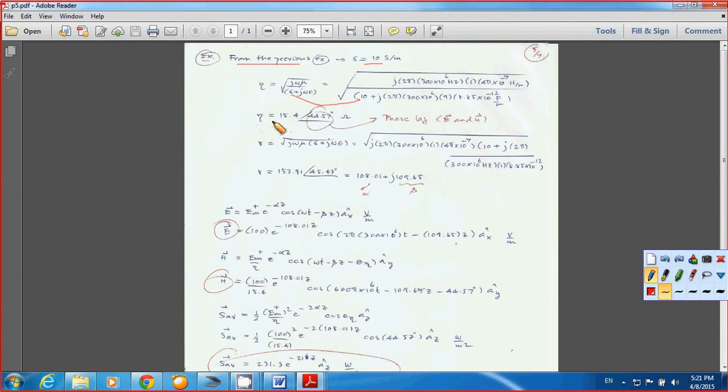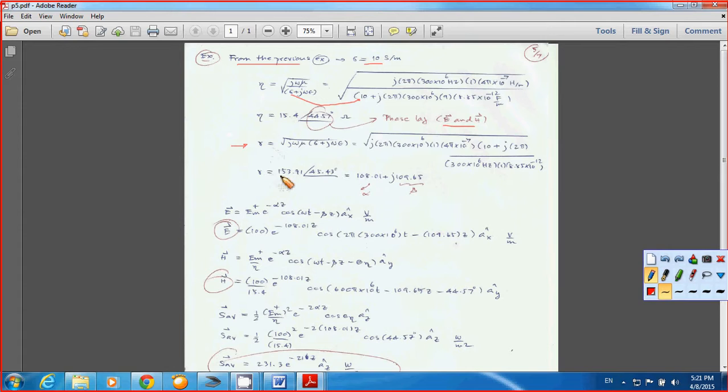So you end up with eta becoming 15.4 with the phase angle to be 44.57 degrees ohms. And now you're going to have the phase lag, or the phase difference, between the electric field and the magnetic field. And also you calculate the propagation constant gamma.